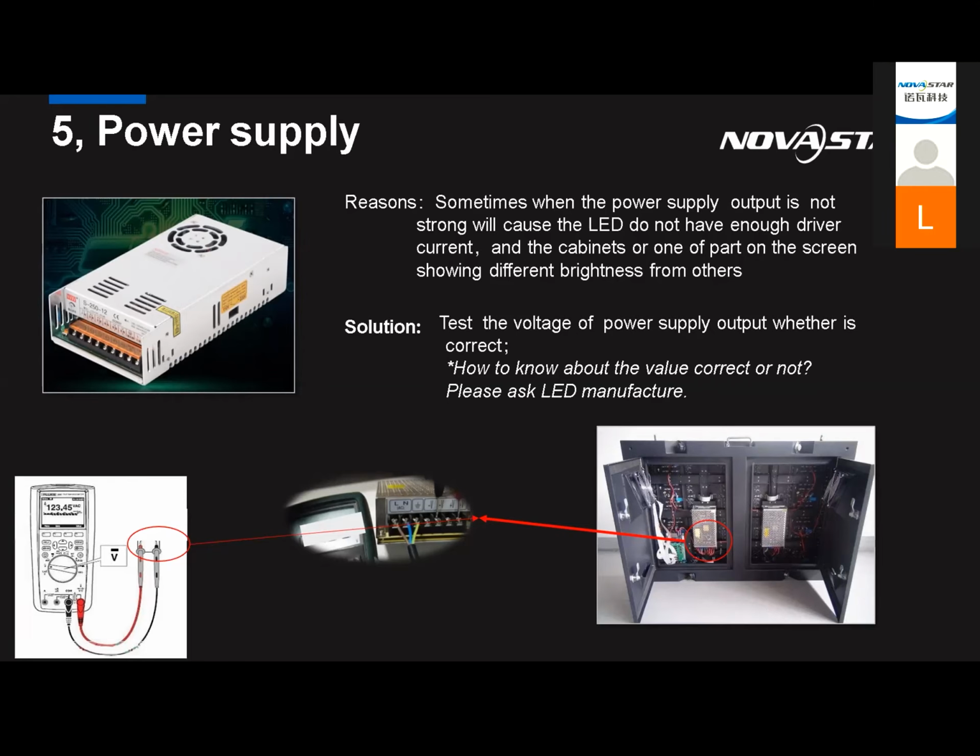One cabinet was always black, and the customer asked me, Rob, what is going on? What is the problem? Why is my cabinet always black? I tried to check the receiving card. I sent one receiving card to the whole cabinets, and I tried different brightness mode, grayscale mode, and contrast mode, but it didn't work at all.